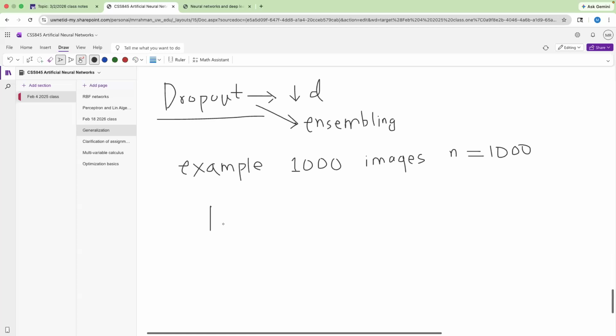A neural network, and let's say the neural network that I want to design has a number of layers.